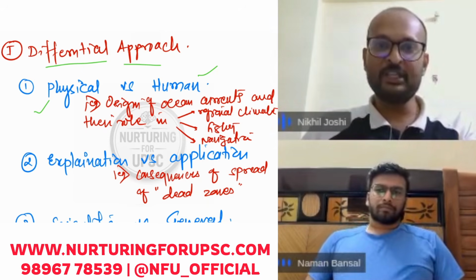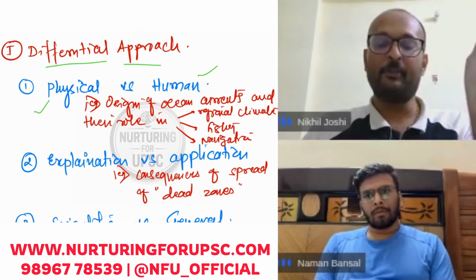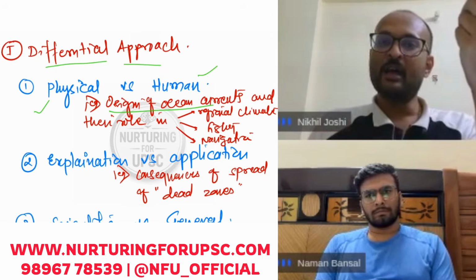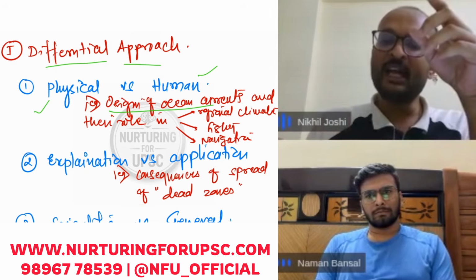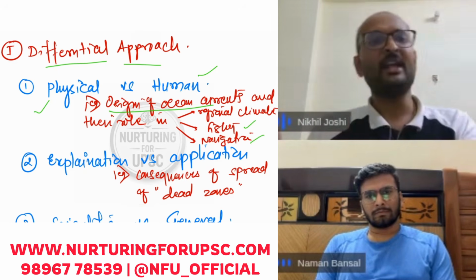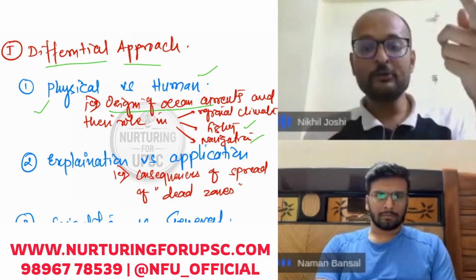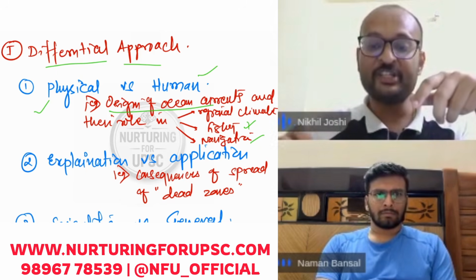So the question which I was talking about is the one on the origin of ocean currents and their role in regional climate, fishing and navigation. Regional climate is all right, it is physical geography, but in that also they are asking about fishing and navigation.